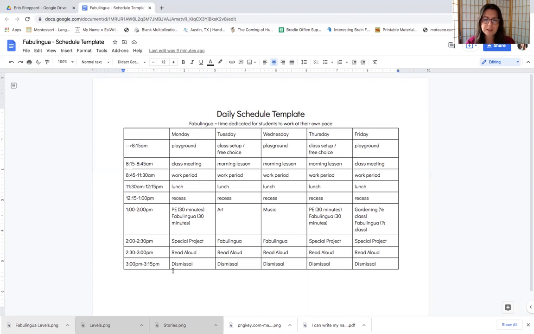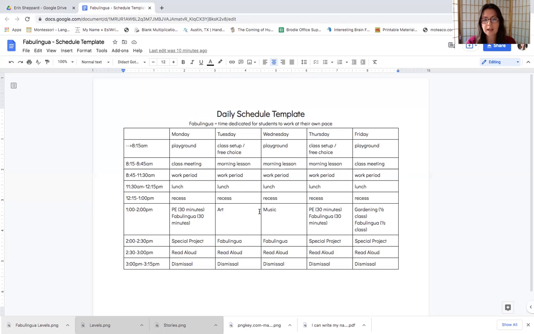So there are obviously exceptions. There are fire drills and assemblies, substitute teaching, which might affect things. But in general, you can see how this template has prioritized the daily use of FabuLingua. There are also some optional times, for example, this free choice during the morning setup, during recess if we have indoor recess due to inclement weather.